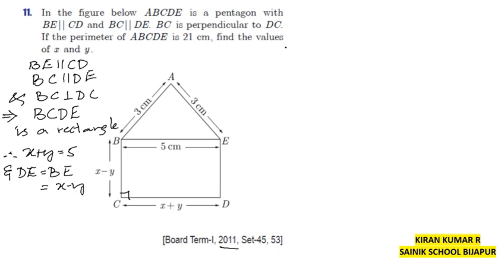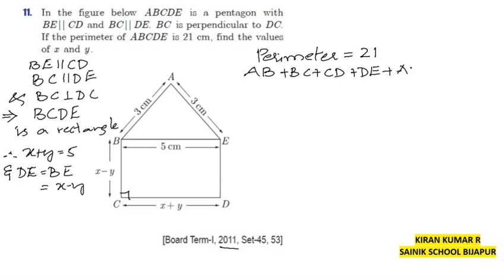They have given the perimeter. Let us use that. Perimeter given is 21. Instead of perimeter, I will take all the sides: AB plus BC plus CD plus DE plus AE will be equal to 21.